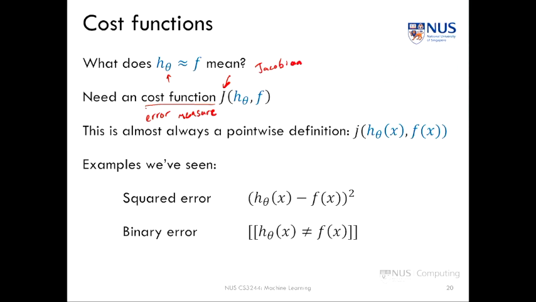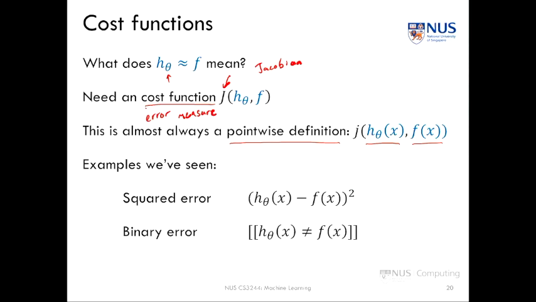And even though we're using capital J to denote the cost function, usually what we want to do is some type of aggregate over a pointwise definition. That is, to look at the particular distance or cost between a particular predicted value of x, given our hypothesis, and the true value as coming from f of x. So we're going to aggregate all of these pointwise definitions to create our cost function as a whole.